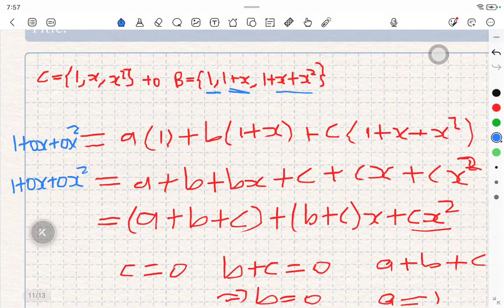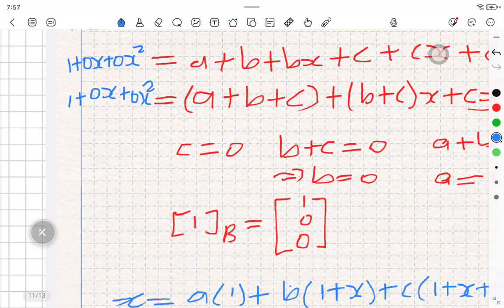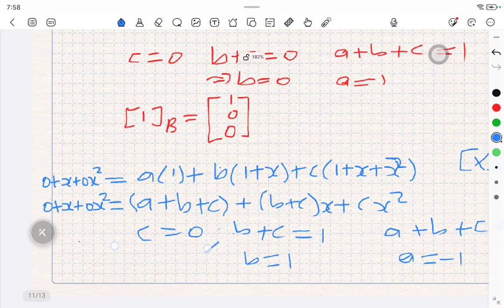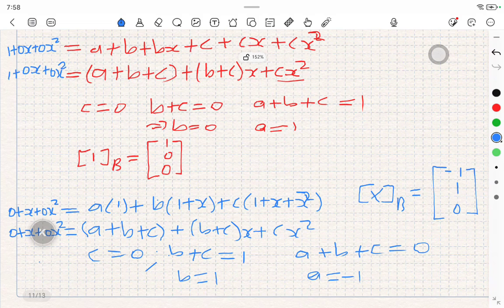And this one had x, so I'm just going to remove that x and say 0 plus x plus 0x squared. This is what I said we should do. So now you know why I'm equating this to 0, this to 1, and so on, right?